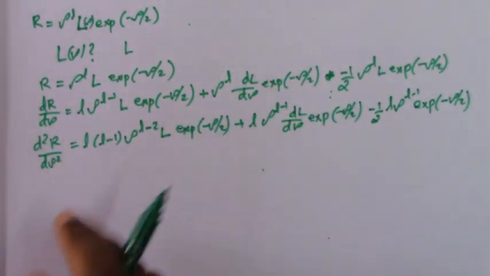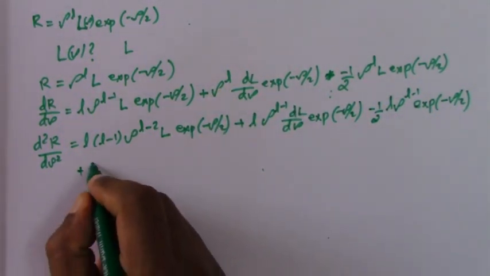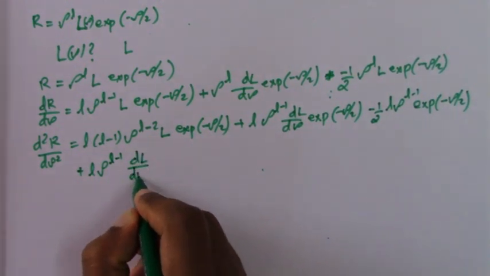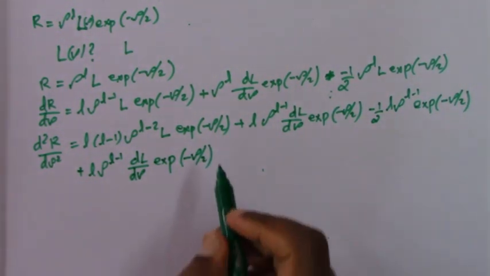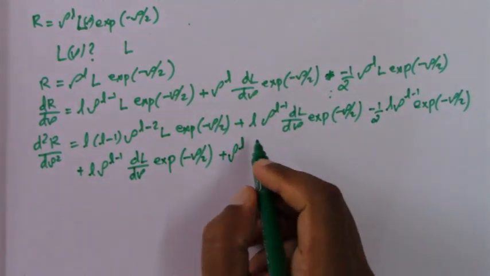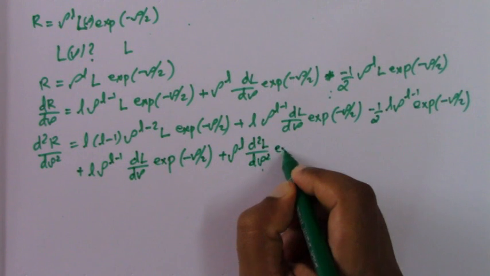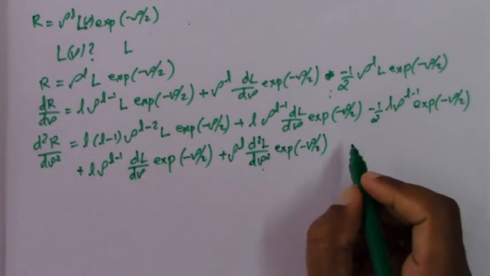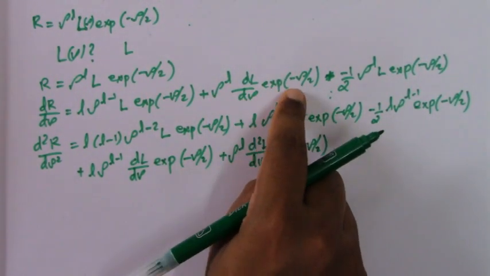Now the differential of the second term: the differential of the first, that is L rho raised to L minus 1, into dL by d rho, that is the second function, exponential minus rho divided by 2, plus the first function rho raised to L into the differential of the second, that is d square L by d rho square, into the third function exponential minus rho divided by 2, and the first function into the second function into the differential of the third.